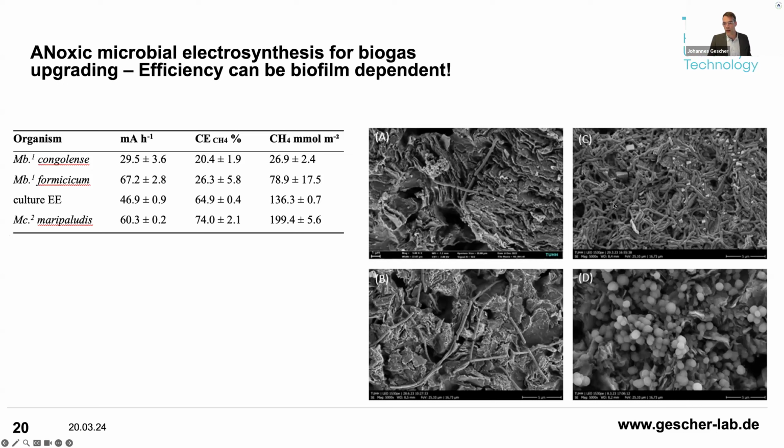What you see by eye is that organism C and organism D are way more efficient in building a biofilm on the electrode structure, while the other 2 organisms rather grow only as thin biofilms, but also as planktonic cells. And when we compare the coulombic efficiency, so the amount of electrons that go into the end product methane, we see that these 2 cultures that have the highest coulombic efficiency are also the organisms that grow in the form of biofilms.